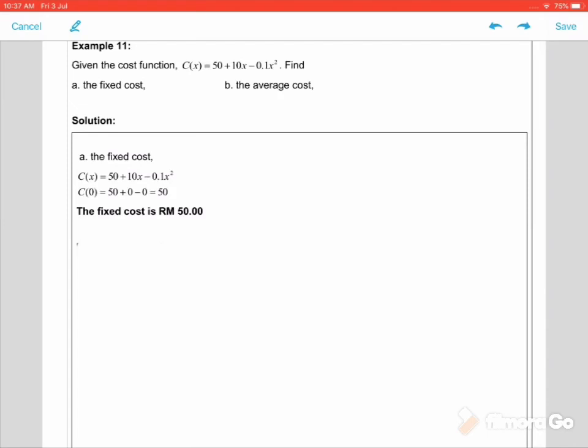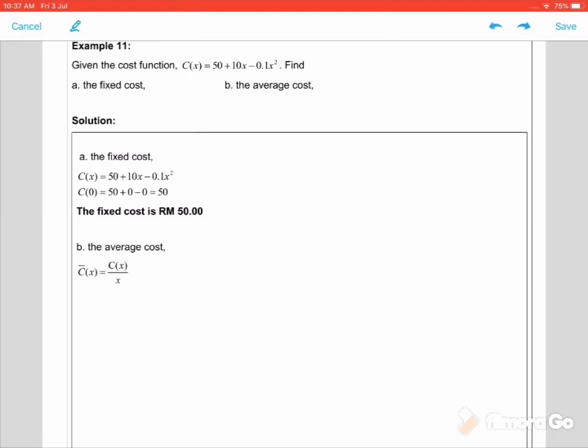We continue with part B, the average cost. The formula for average cost is C bar(x) is equal to C(x) divided by x.